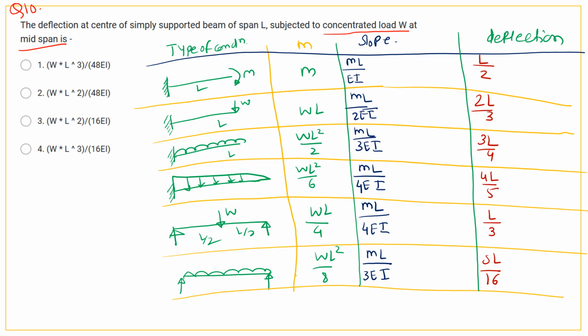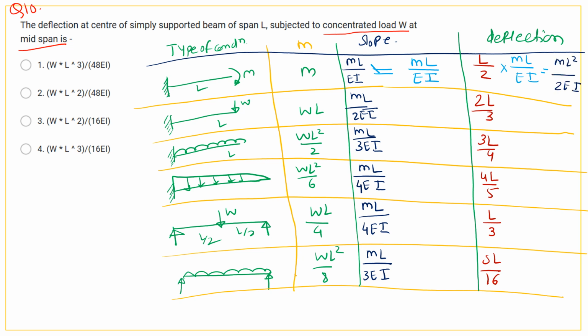First I solve for the first beam, the cantilever beam with the moment. To find the slope value, replace the value of M with the moment. The value is ML by EI. Multiply this slope with L by 2, and the value is the deflection, ML square divided by 2EI.